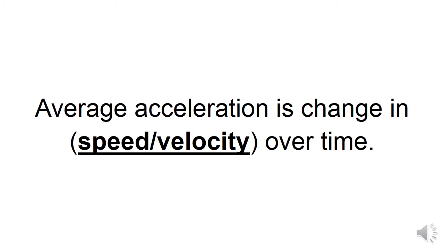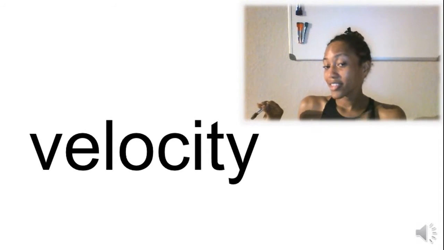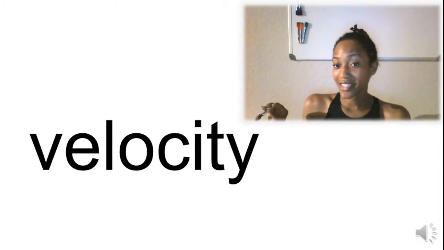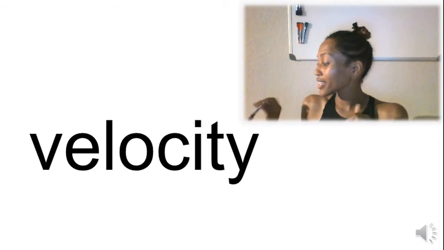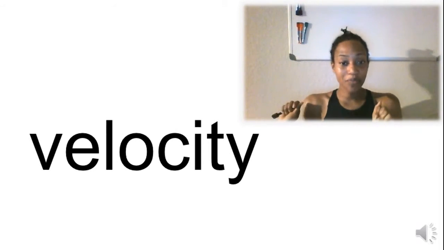Average acceleration is change in speed or velocity over time. So which one is the correct selection? The answer is that average acceleration is the change in velocity over time, okay?